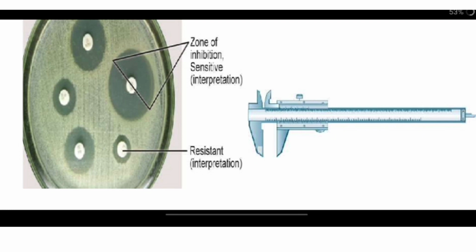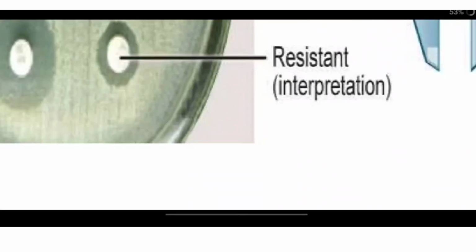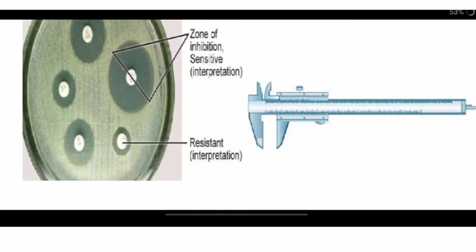And after that we will see, for example, in this one we get a zone size of 24 mm, and in this we get a zone size of 2 mm. So we will check the chart in which we have the CLSI recommended charts for particular discs, for every antibiotic and for every bacteria.